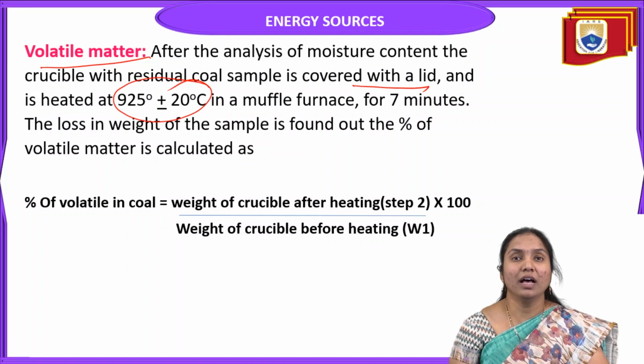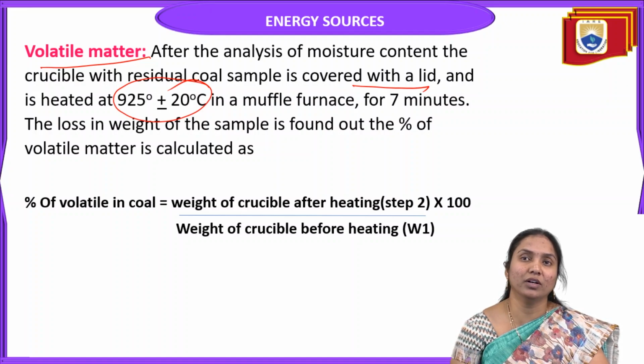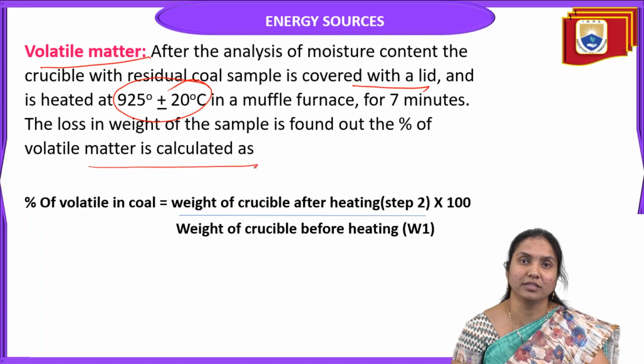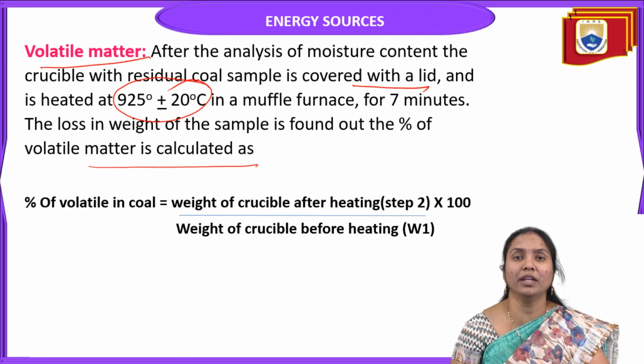The loss in weight of the sample is found out, and the percentage of volatile matter is calculated. That means after removing moisture content, the remaining coal sample in this crucible is covered with a lid and heated in an electrical or muffle furnace at 925 plus or minus 20 degrees centigrade for 7 minutes.